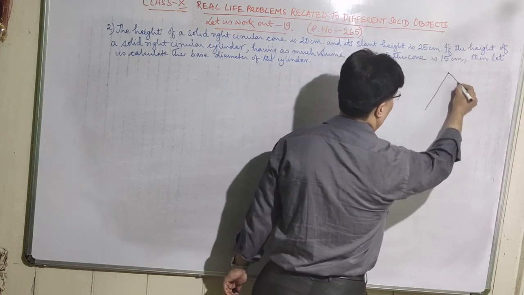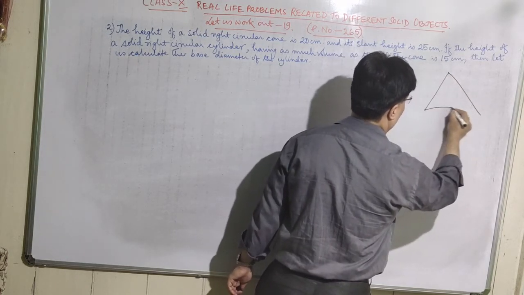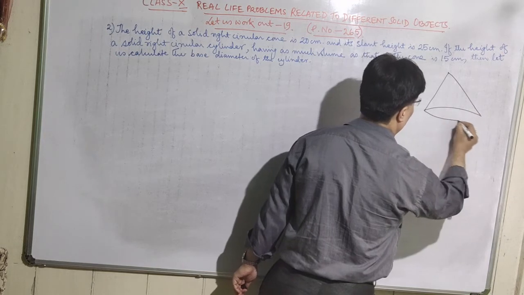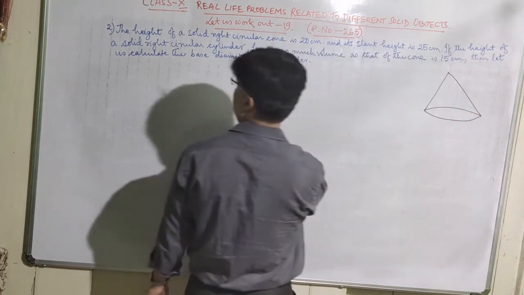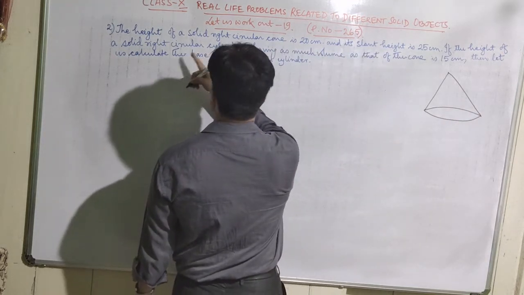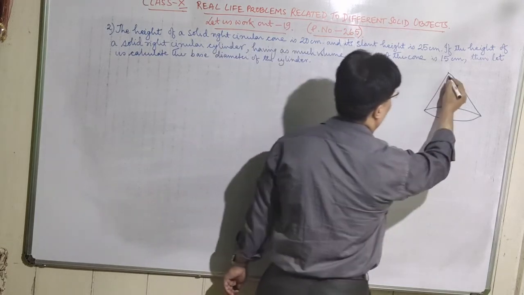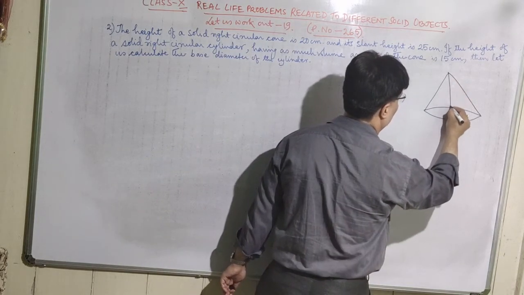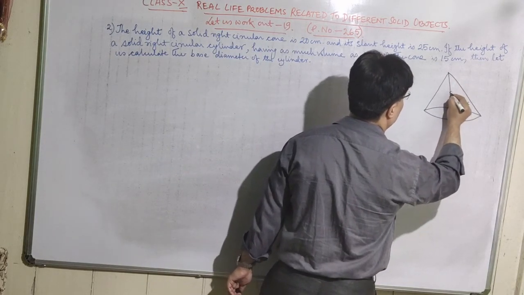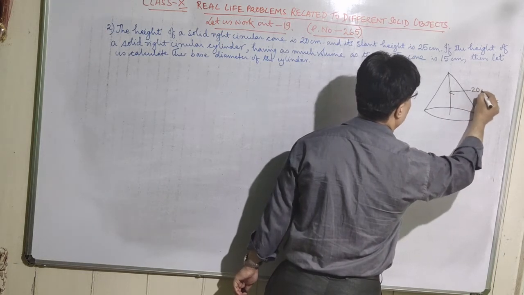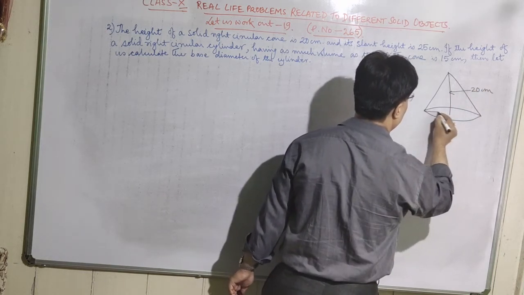So this is the cone, and for this cone, what is given? Height of the cone is given. What is the height of the cone? The height of the cone is 20 centimeter.